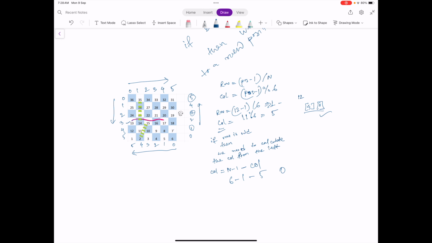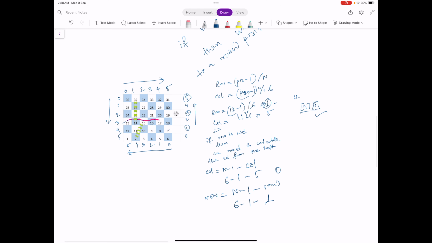And we are getting the row from the bottom, but we need to get it from the top. So in that case, row would be n minus 1 minus row. In this case, row is 1, so it is 6 minus 1 minus 1, which is 4. So we got the 4 as well.